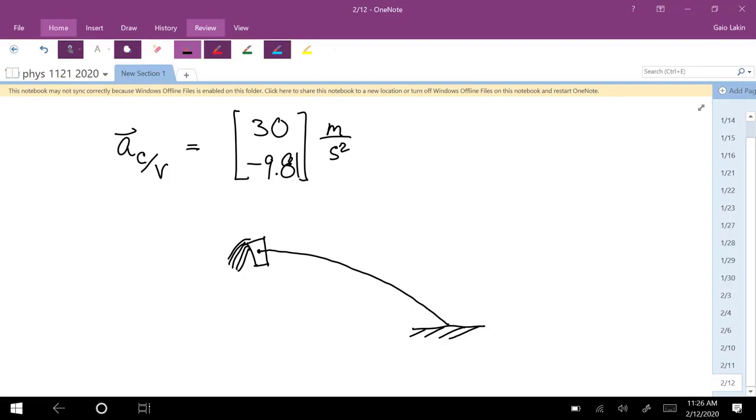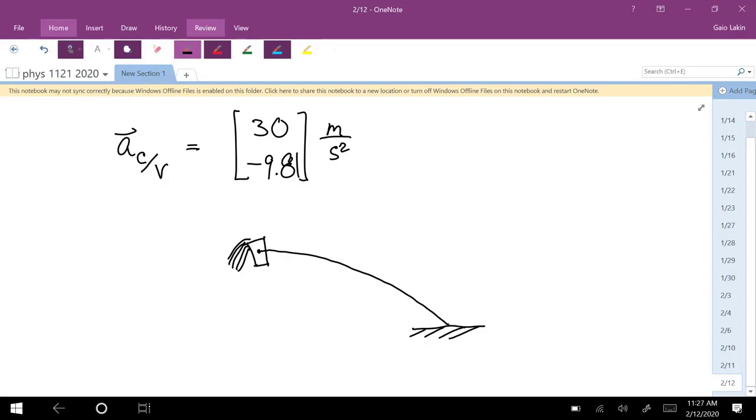It would be a projectile that started out at 30 miles per hour, but its acceleration would be straight down. And what that person would see is that the car would have a negative acceleration that pulled it out of this path. So the car would still be going forward, but it would be going forward more slowly than this as it came to a stop. Okay.